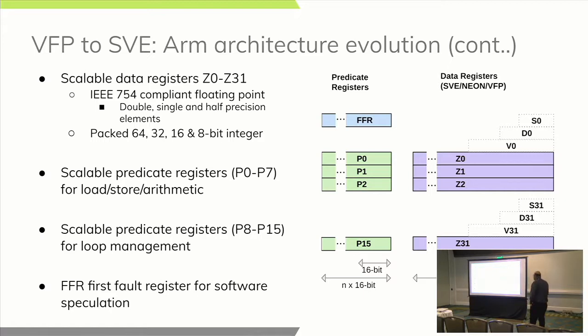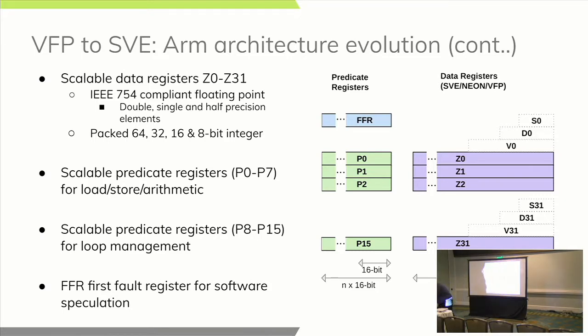And similarly, for every Z register, we have corresponding V, D, and S pseudo registers. And apart from these registers, we do have predicate registers from P0 to P15 and FFR, the first fault register. Also, we inherit FPCR and FPSR from the floating point register set of AArch64 and AArch32.